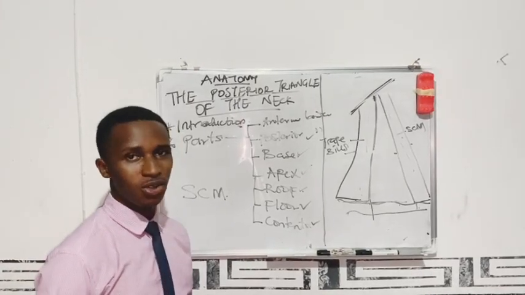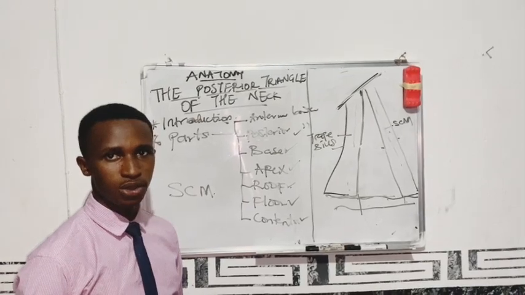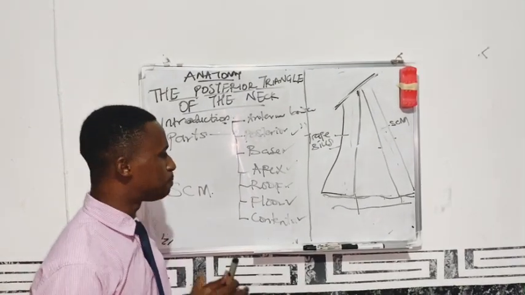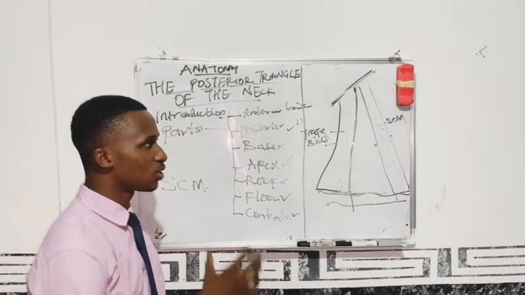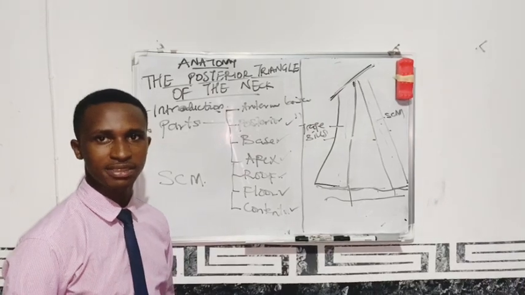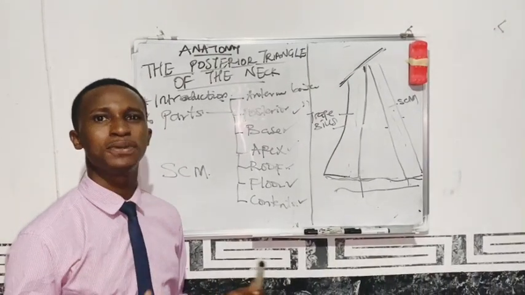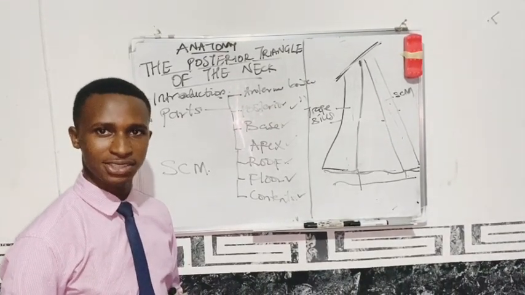The posterior triangle of the neck has so many contents, but I'll just list a few for you. One of the contents is what we refer to as the spinal accessory nerve, cranial nerve 11. Another content is the occipital artery, a branch of the external carotid artery.